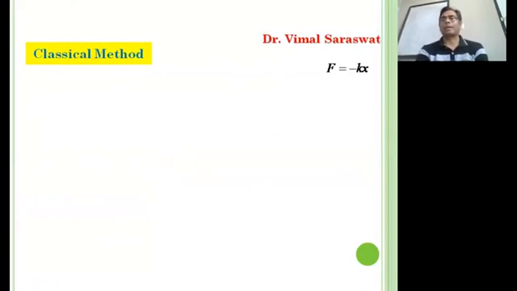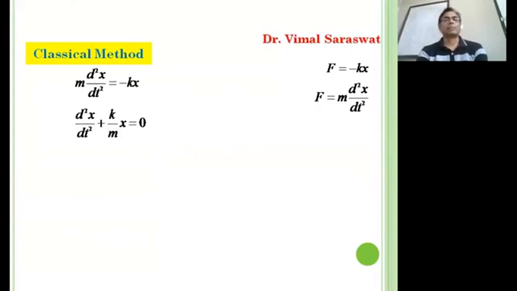Now F equals minus kx and F equals m d2x by dt2. So if we substitute the value of F, then m d2x by dt2 is equal to minus kx, or this will be d2x upon dt2 plus k by m into x equals 0.